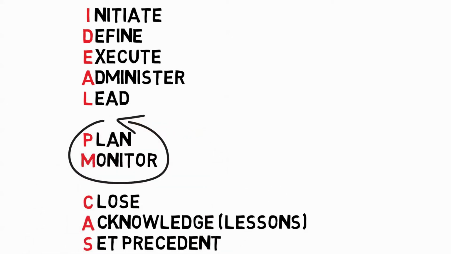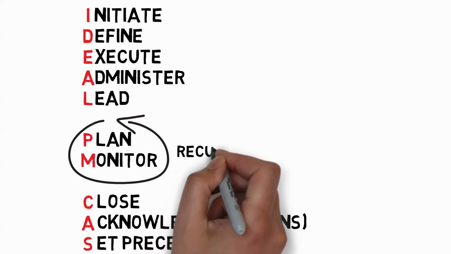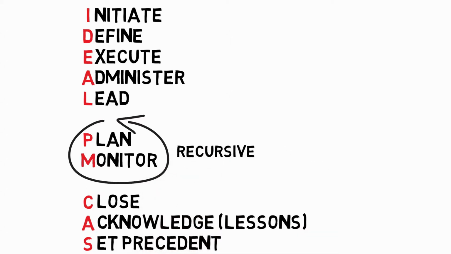The plan and monitor is a recursive process because you plan the project, you monitor the results, then you make changes, and then you have to plan again and monitor.